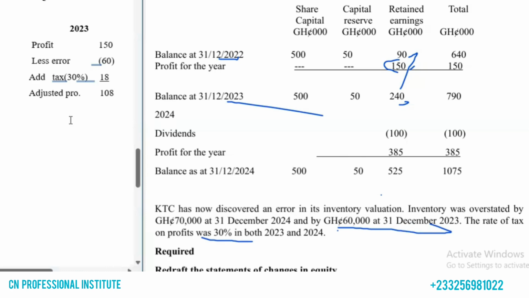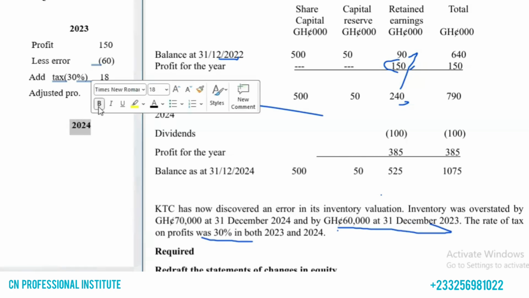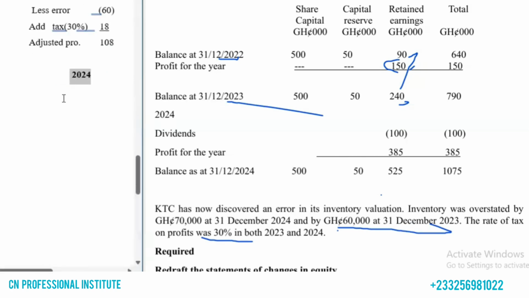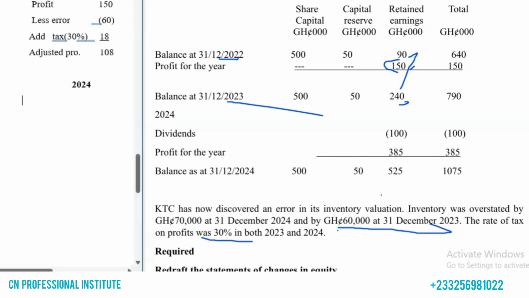Then let's go to 2024. With 2024, we said the closing inventory in 2023 becomes the opening in 2024. So in 2024, we have two errors: opening inventory and closing inventory.